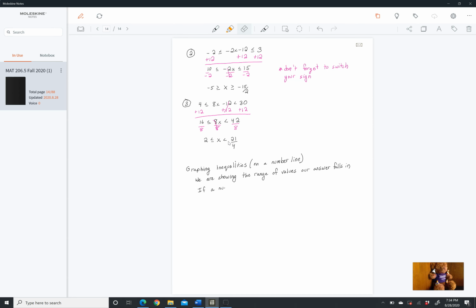If a number is included, meaning greater than or equal to or less than or equal to, so if you see greater than or equal to or less than or equal to, we use a closed dot or a bracket.